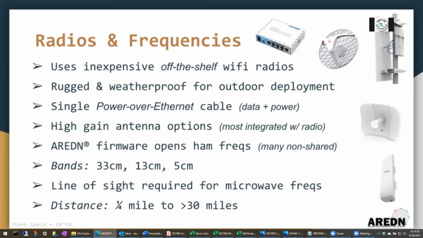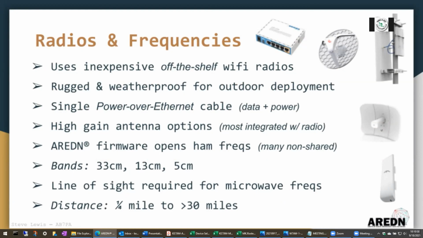Most of these commercial radios are ruggedized and weatherproofed for outdoor installations. They typically use power over Ethernet, which makes them less complicated to deploy by having a single cable to the device. Many of them also have integrated high-gain antennas.